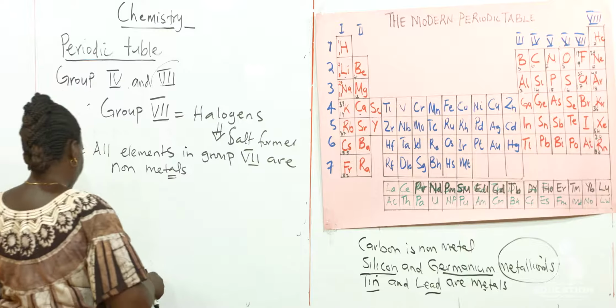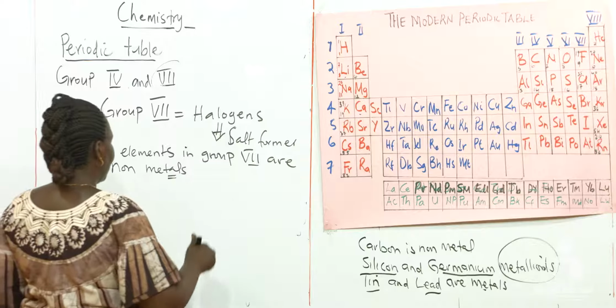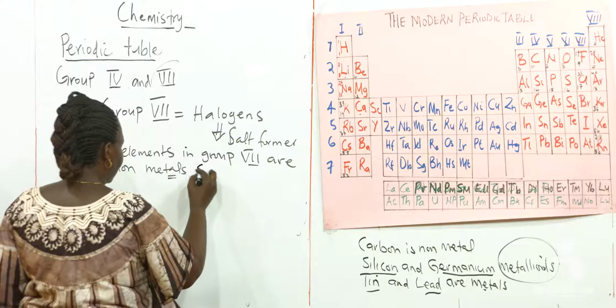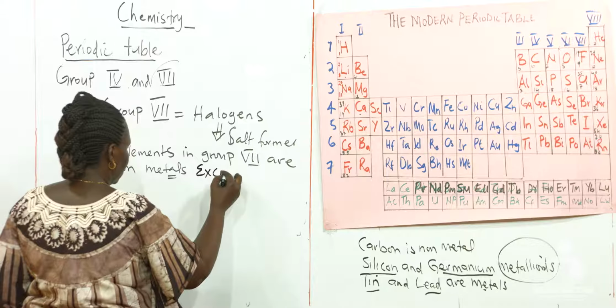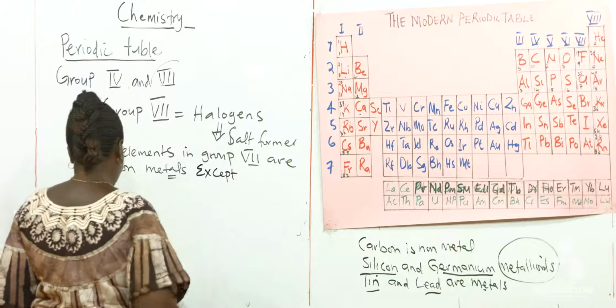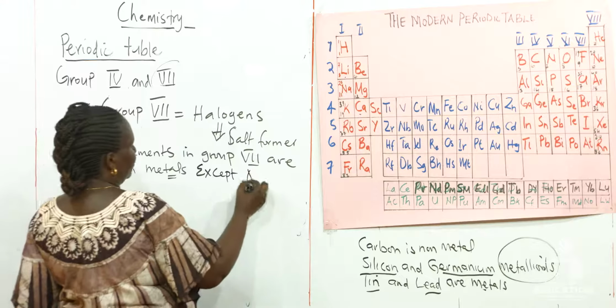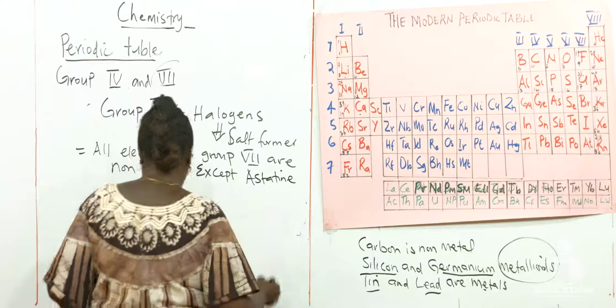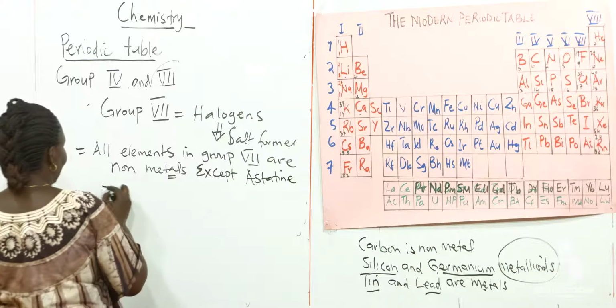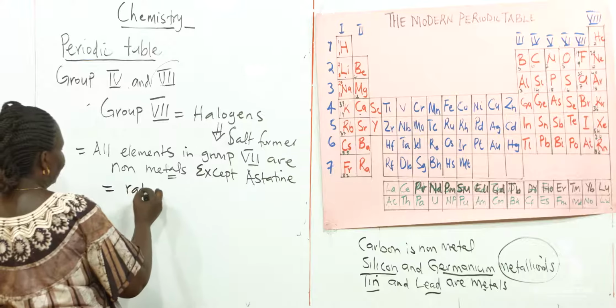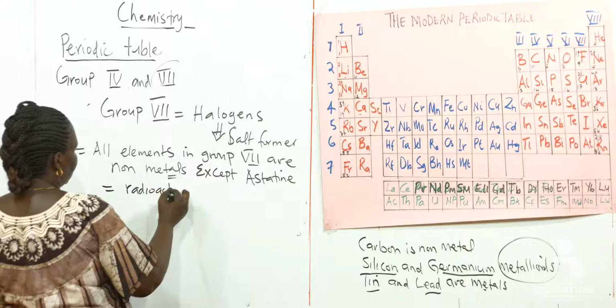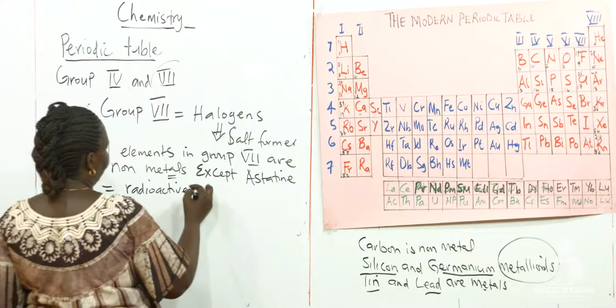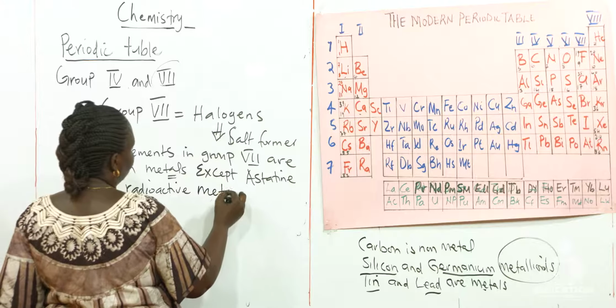In group 7, all are non-metals except astatine, and astatine is a radioactive metalloid.